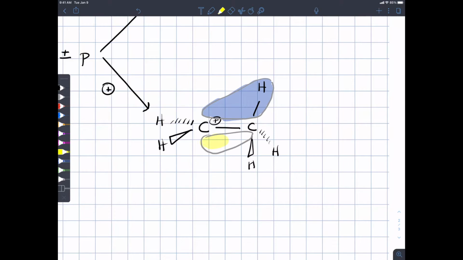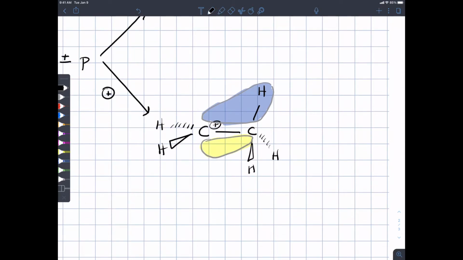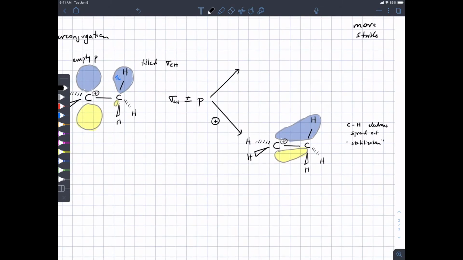And so electrons from that carbon-hydrogen bond move lower in energy. We call that stabilization due to delocalization. Lots of -tions there. And that's where the benefit of hyperconjugation comes from.